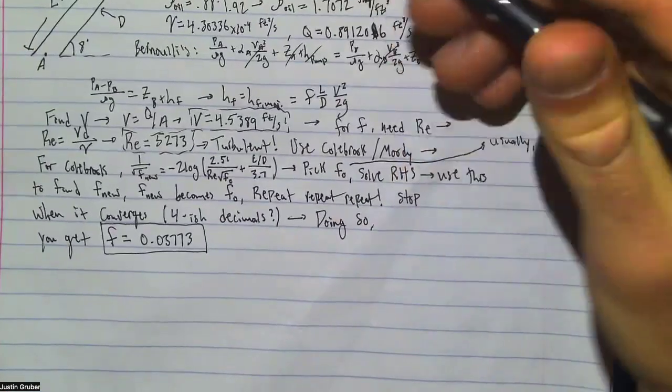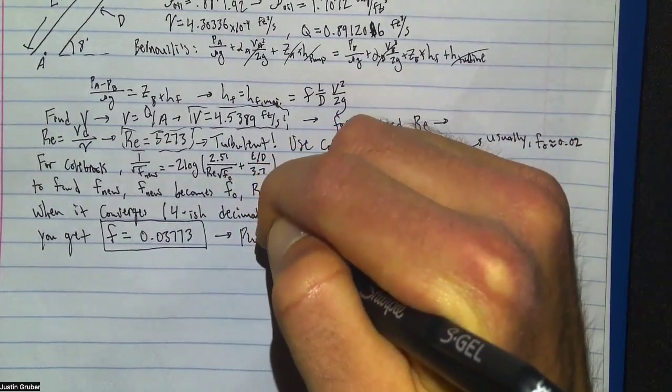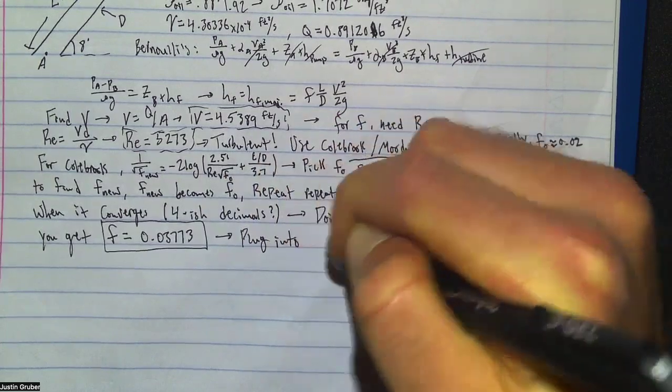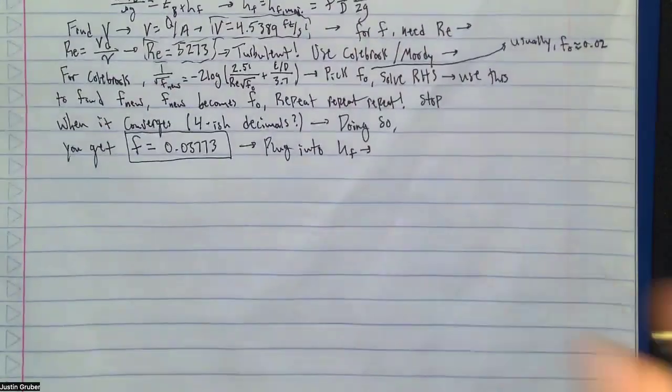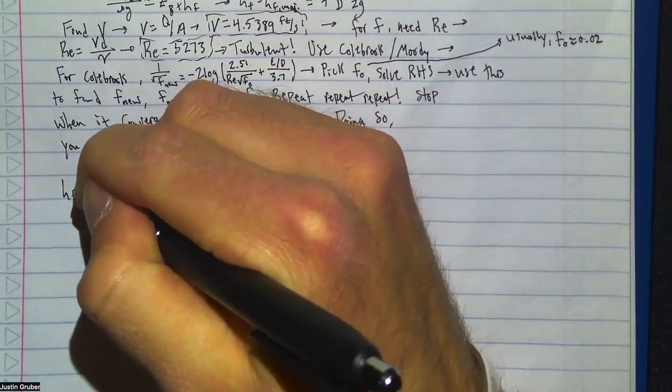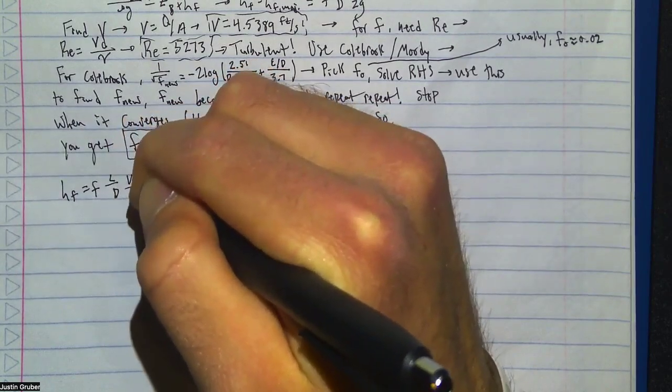All right. So now what are we doing? Plug into HF, where we know HF equals F L over D times V squared over 2G.